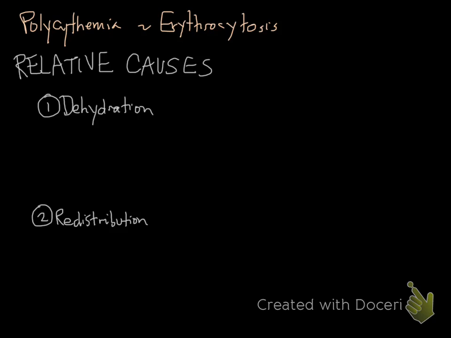So dehydration is, I think, a pretty self-explanatory concept, but I'm going to go through it anyway. So if you have blood and you spin it down, we talked about this before, you have a red cell component, that's your white cell component, and here's your plasma component. And within your plasma component, there's a lot of water. And so when an animal becomes dehydrated, they actually have less of this water component.